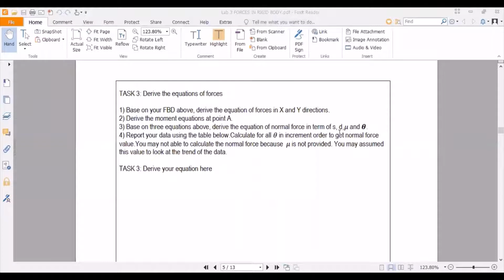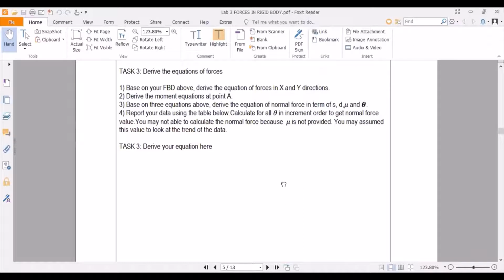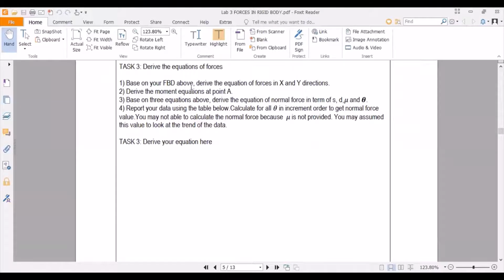After we finish task 2 to create the FBD, in the lab sheet we have task 3 to derive the force equations. Based on your FBD above, derive the equations of force in the X and Y directions.